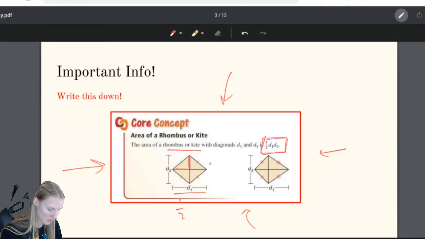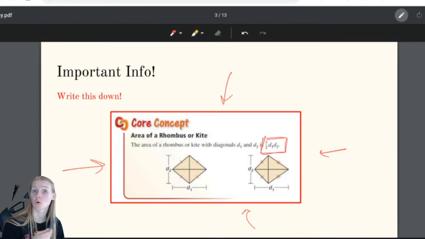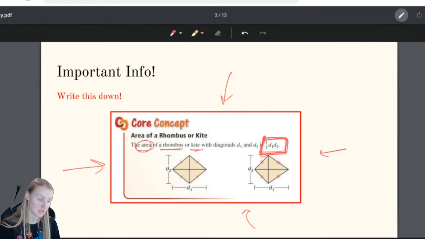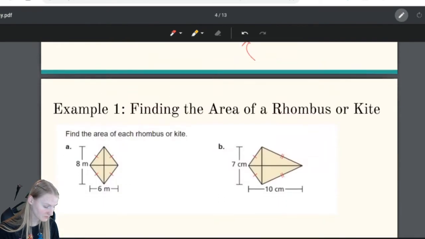So all of these triangles have half diagonal 1, half diagonal 2. It's very interesting. I'm not going to go over it here for the sake of time, but if you want to talk more about it, join my office hours or look at our textbook online. This is the takeaway. Rhombus or kite. There you go. Area of a rhombus or kite. Boom, right there.